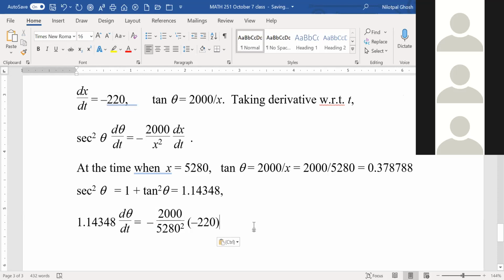You can calculate this number if you like. Two negative signs cancel. We have 2000 multiplied by 220 divided by 5280 square.